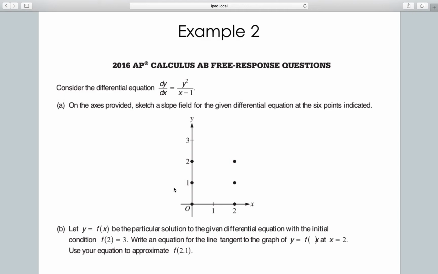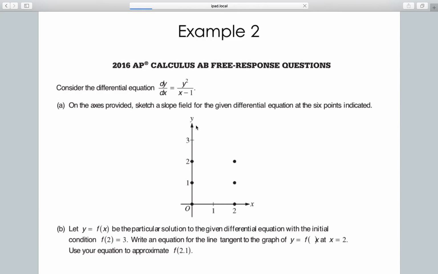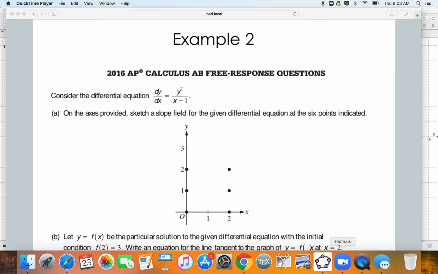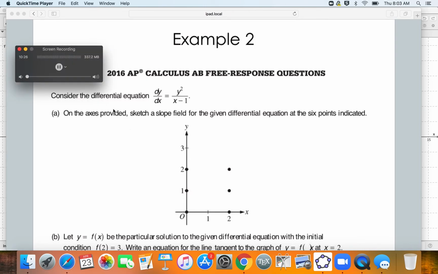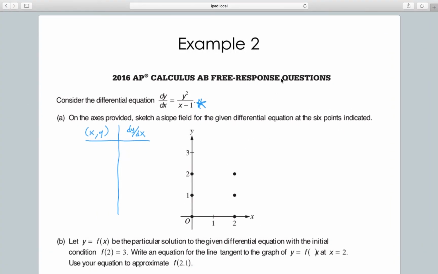All right, so I just want to do the same thing. For those 6 coordinates, I'm going to make a table. So on the left, I'll put the coordinate, and on the right, I'm going to put the slope.